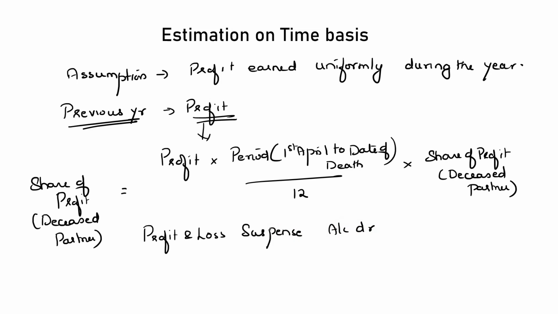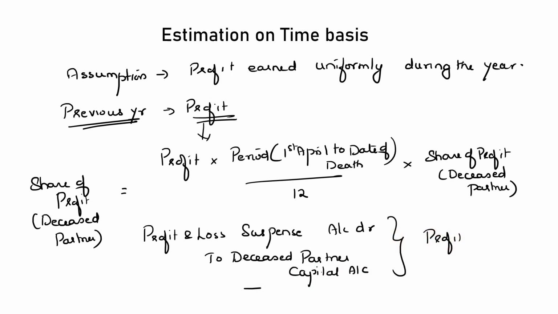So we debit the profit and loss suspense account and we credit the deceased partner's capital account with the amount that we have determined, which we have estimated. So this is when there is a profit. With this amount of profit that we determined using this formula, we put that. So the profit share of the deceased partner is the amount with which we debit and credit. If there was a loss, the reverse entry is passed. We debit the deceased partner's capital account and credit the profit and loss suspense account. That's all. The reverse entry is passed.